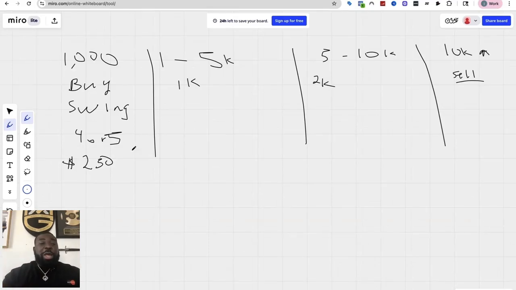What you want to do here is get into 2 trades, $250 each, when you're at $1,000. And that allows you to multiply your money. Here's the goal: you want to double your money. So you're going to get into 2 trades, 2 different stocks.